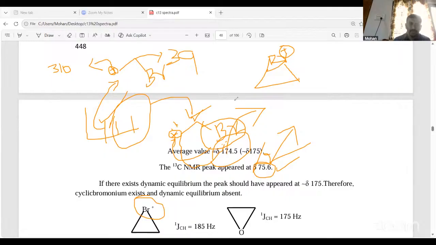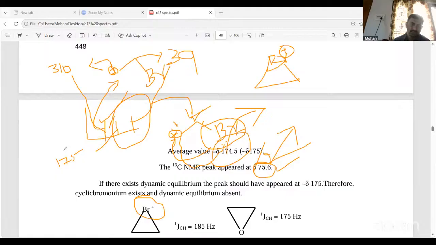But in the C13 spectra, we are getting one more signal also. For example, this signal is for 39, this carbon, and this signal is for 310. But in between, one more signal is there at 175. So how are we getting this 175?